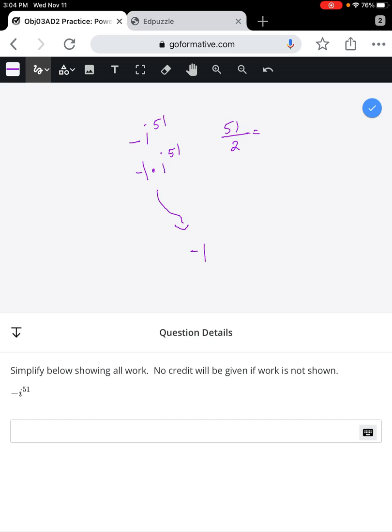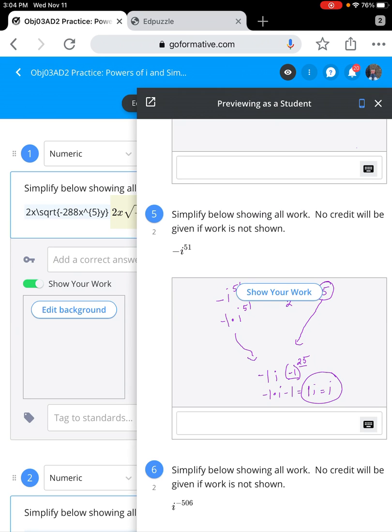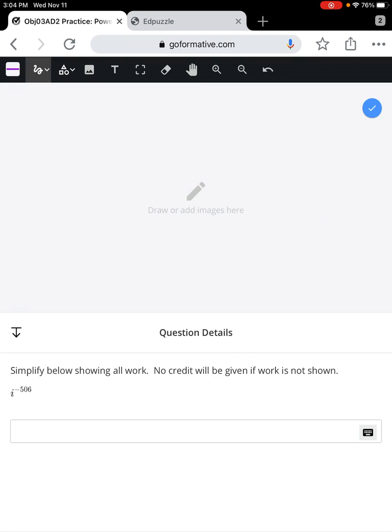I do 51 divided by 2, and I know that's going to be 25.5. The 0.5 tells me that there's going to be an i in my answer. And the 25 here tells me I'm going to be to the 25th power. -1 times i. A -1 to an odd power is going to be odd. And so my answer is going to be 1i or just i.